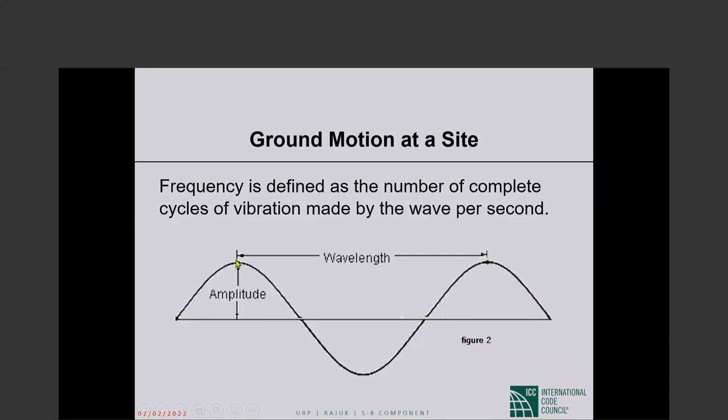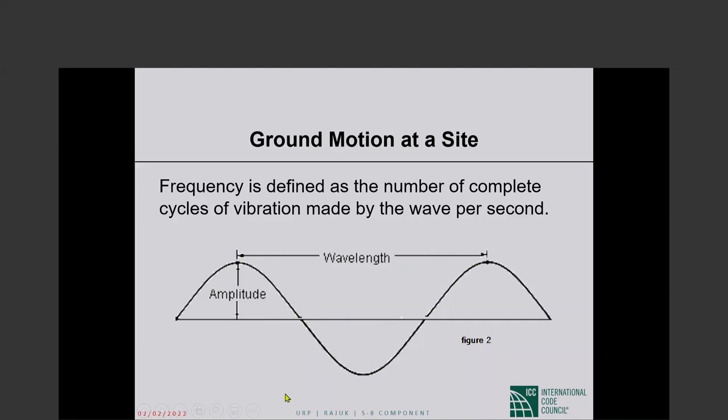You go from an extreme position in one direction, cross the zero axis, go to an extreme position in the other direction, cross the zero axis again, and get back to an extreme position in the first direction. That would be one wave, and the length of that wave would be the wavelength.